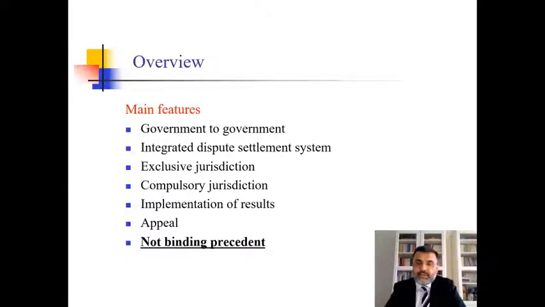Another interesting feature of the system is that it provides for a two-tiered dispute settlement mechanism, with the panel stage being the first tier and the appeal mechanism being the second tier. I'm going to explain to you at the end that we have issues right now about the appeal tier of the system, and discuss with you what that causes on the functioning of the system as of today.